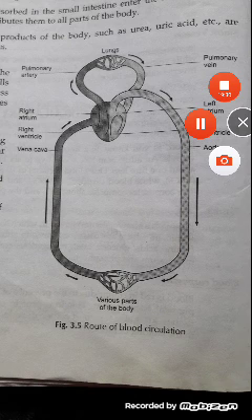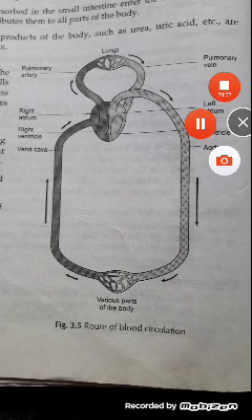We explained in detail the structure of the 3 vessels of our circulatory system, that is arteries, veins and capillaries. We also discussed the inner structure, the inner chambers which the human heart has. So in all, we have completed this discussion.